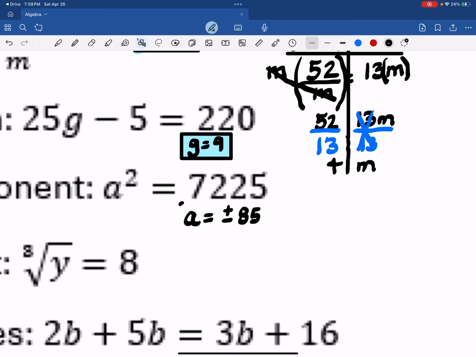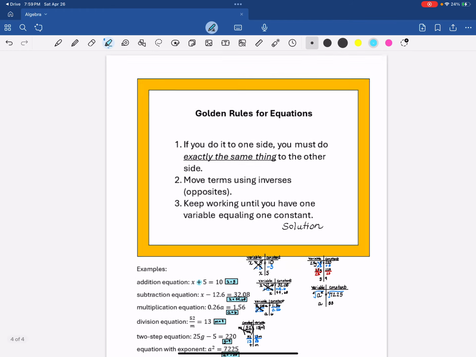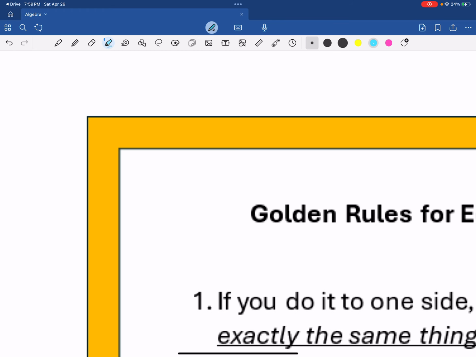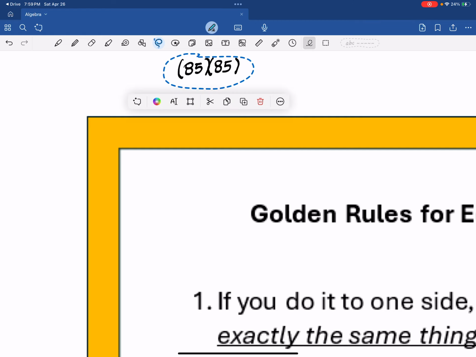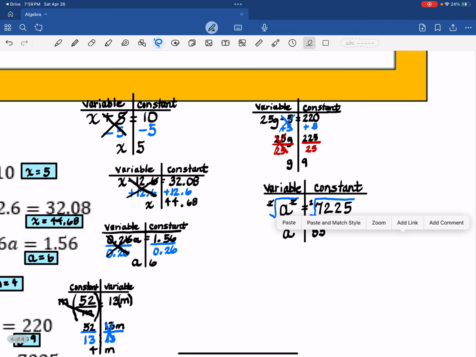Because, let me show you a little thing you need to know about algebra. Let me color the solution first. And then I'm going to go over here. I think I'm going to go up to the top of the page to show you this, because I need my space. If you take your calculator and say 85 times 85, actually, let me just bring this down here, because let's just put it right here beside the equation itself.